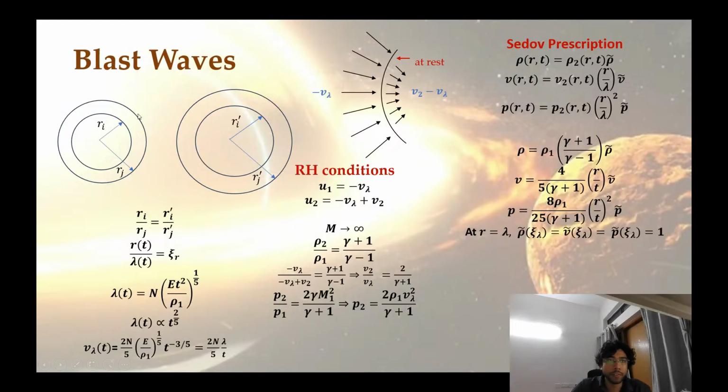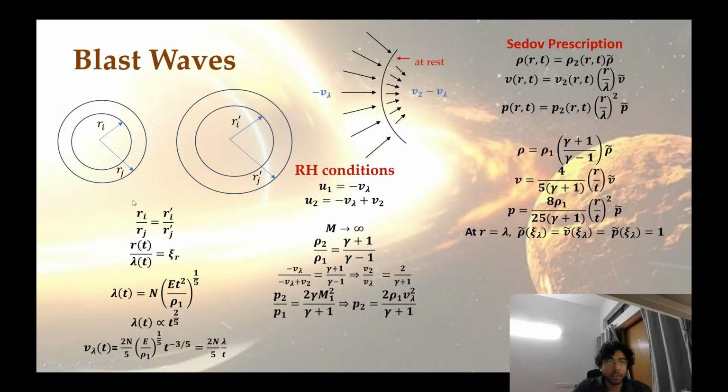Similarly, if we take randomly two radii, and both are expanding, this need not be the shock front right now. This could be any two radii, and at the next instant the radii become Ri prime and Rj prime. These systems expand self-similarly, and by that I mean the ratio of Ri to Rj is equal to the ratio of Ri prime to Rj prime.